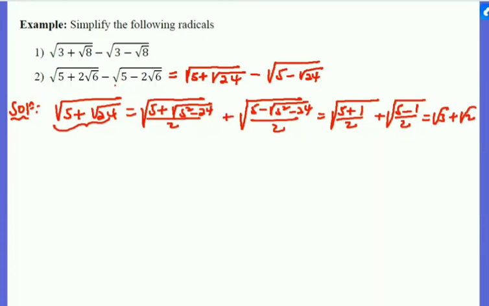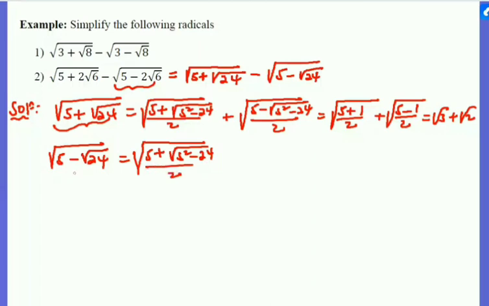Again, we need to calculate this part, which is radical of 5 minus radical 24. It is the square root of 5 plus radical 5 square minus 24 over 2. Whenever this is minus, I will use minus here. Whenever this is plus, here it becomes plus. Whenever here we have minus, here it becomes minus. That is how the formula is working.